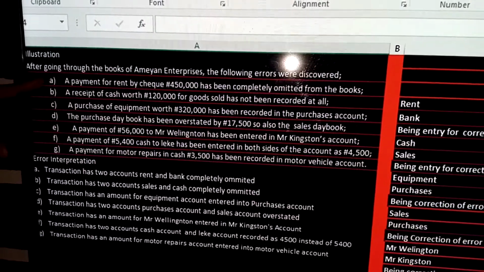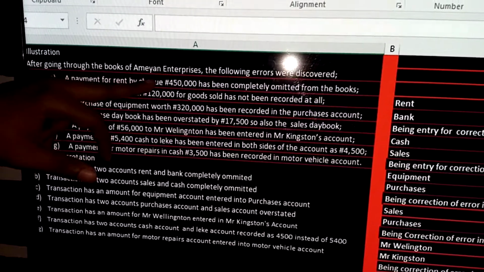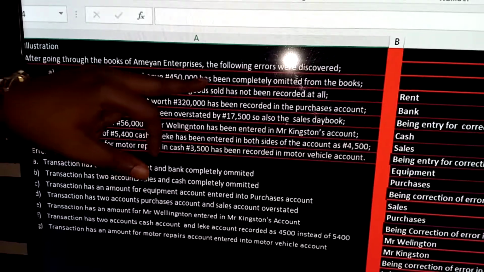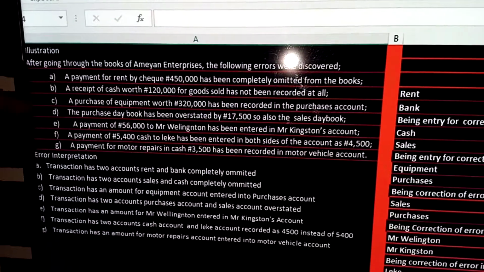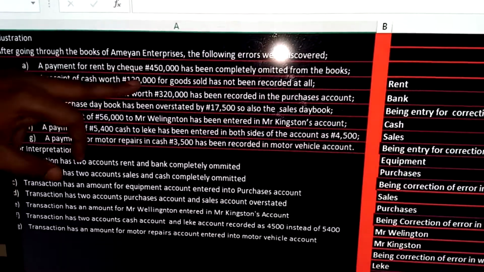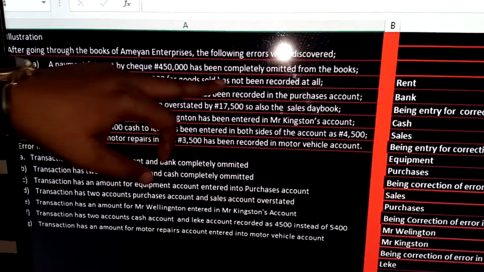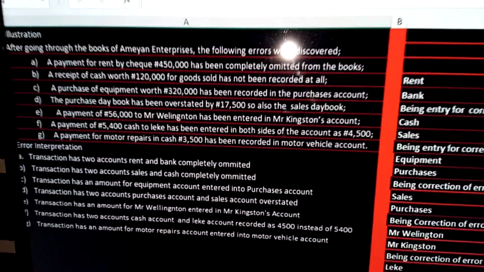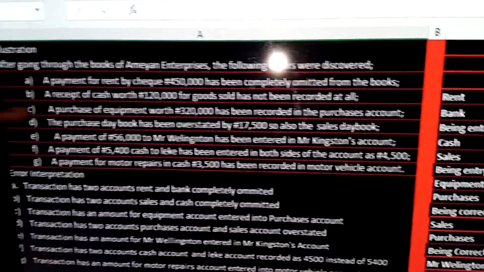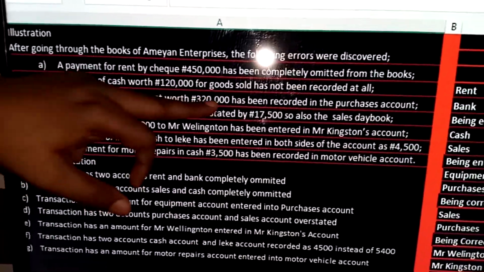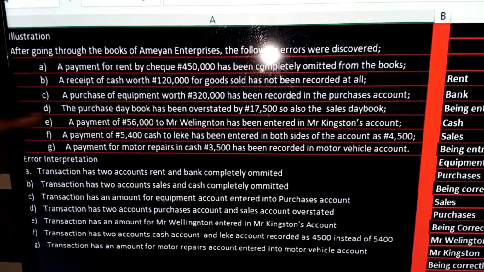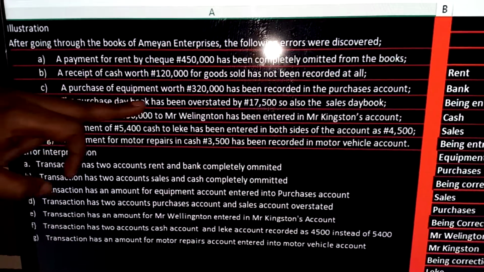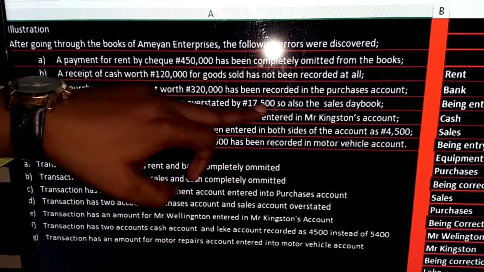The first error says a payment for rent by check, 450,000, has been completely omitted from the books. Second one here said a receipt of cash worth 120,000 for goods sold has not been recorded at all. The third error here said a purchase of equipment worth 320,000 has been recorded in the purchases account.